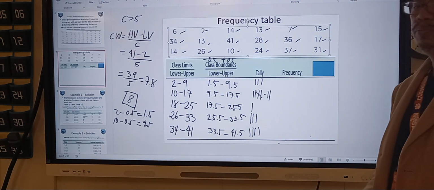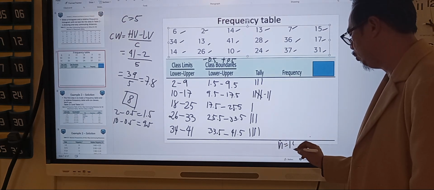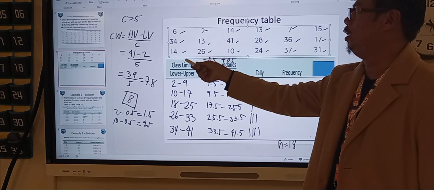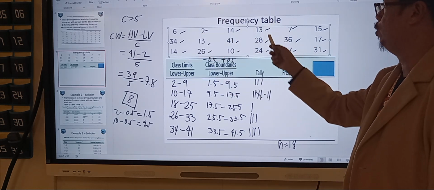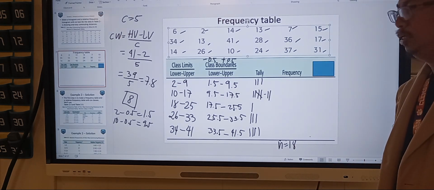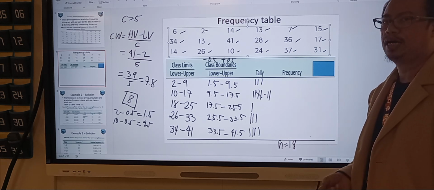So now we will check. Be sure that the total frequency will be equal to 18, because all of these is 18. 3, 6, 9, 12, 15, 18. So it's supposed to be 18. Once this is not 18, then there's something wrong with your data.